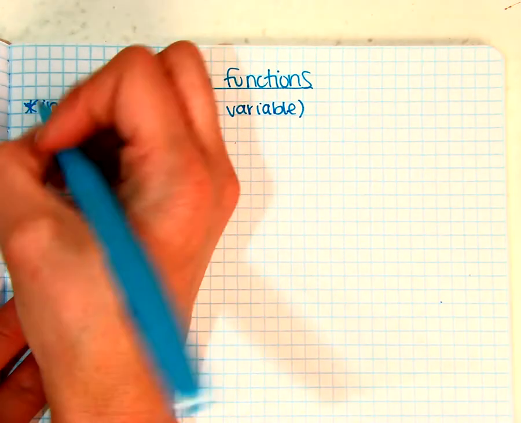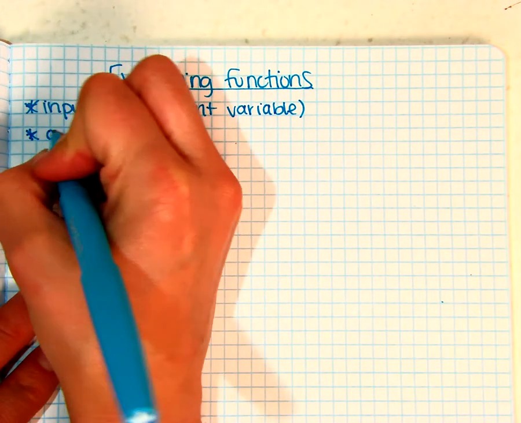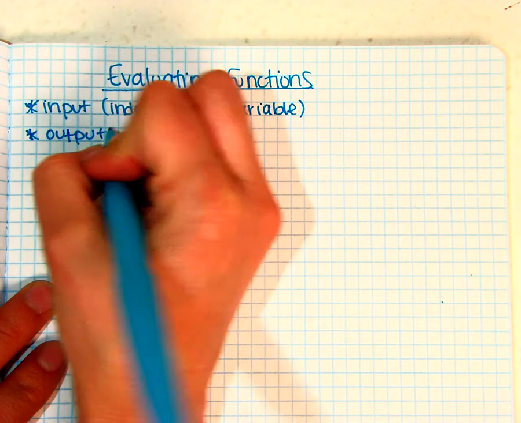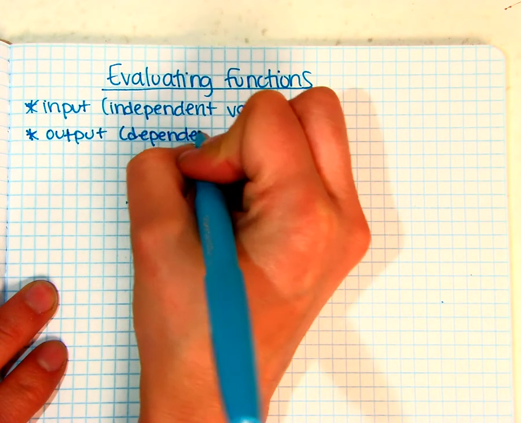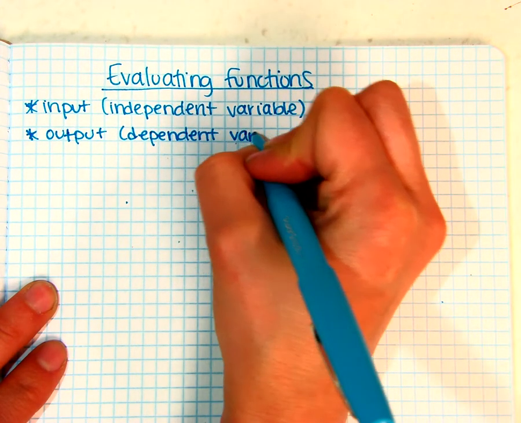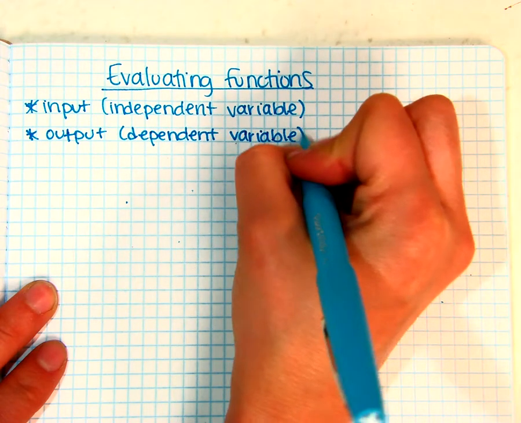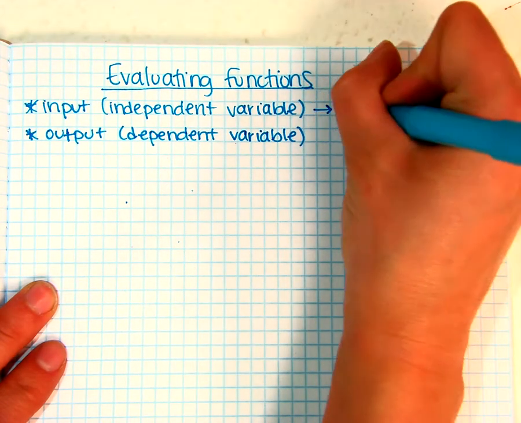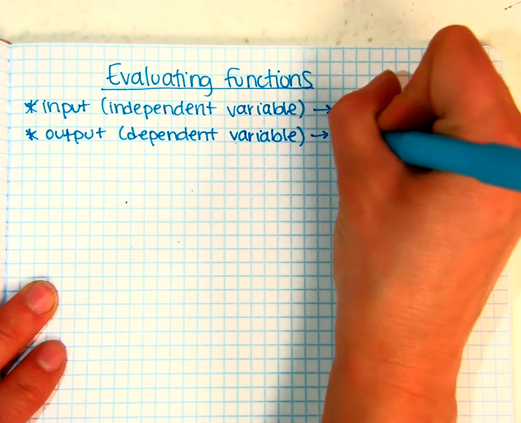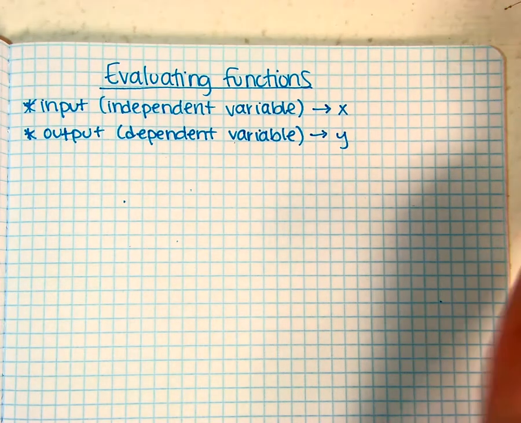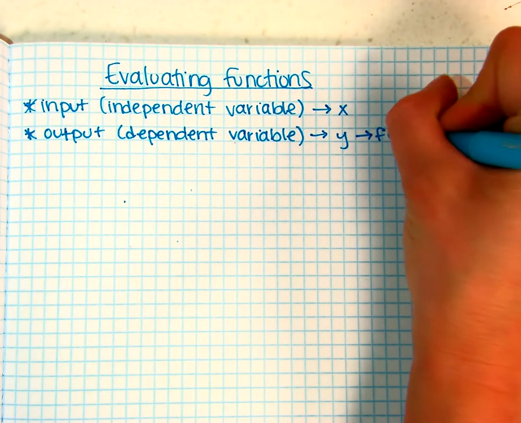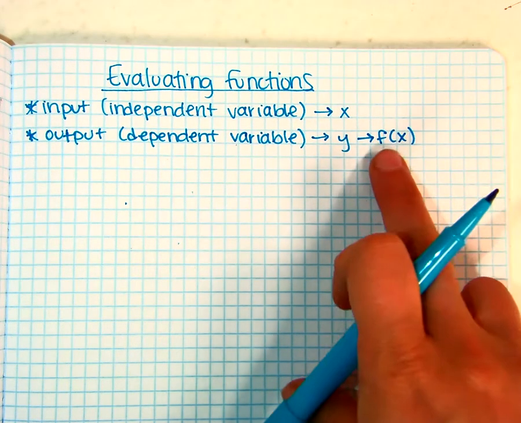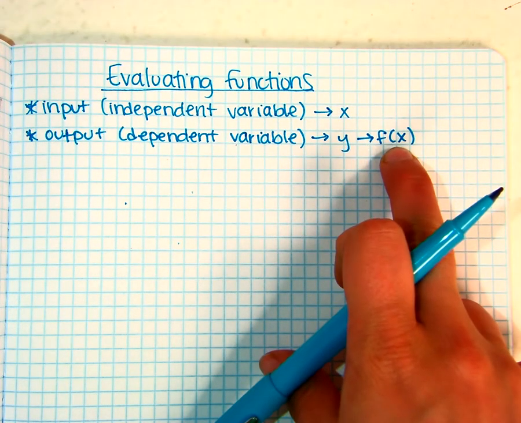And then they also have the output, and this is referred to as the dependent variable. Usually this is going to be x, and usually this will be y. Sometimes our output in function notation is the same thing as f of x, because it's the function of this x when you plug that in.